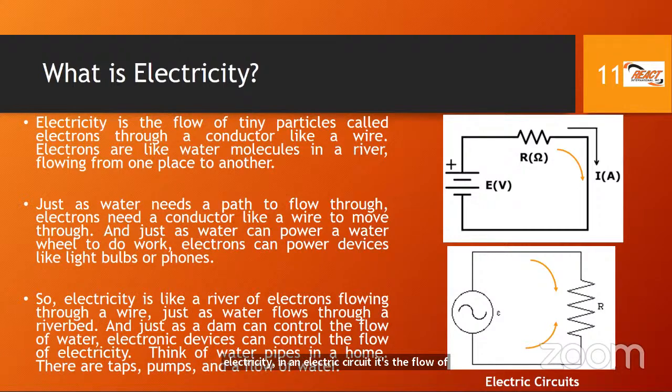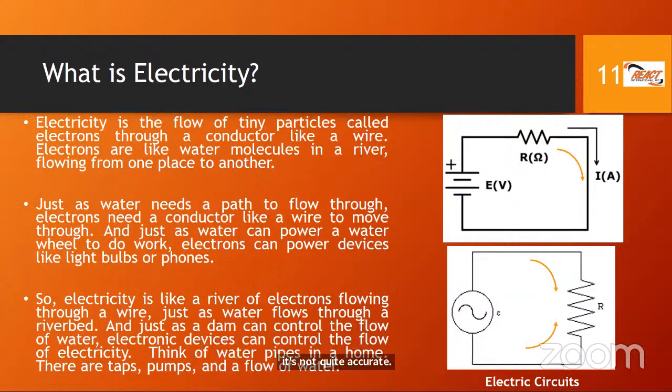And just in the same way that for your home water supply, you need a pathway for that water to flow, in the same way, in an electric circuit, you will have a pathway, and that pathway is the conductor, and that conductor is usually wire. And the electrons will move through the wire. Again, for persons with advanced knowledge, we'll say that is not quite accurate. That's all right, bear with us. We're trying to explain.